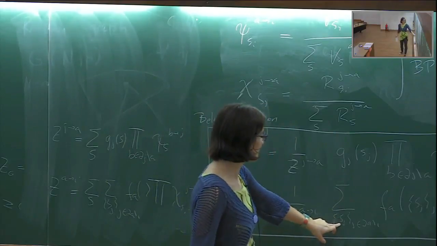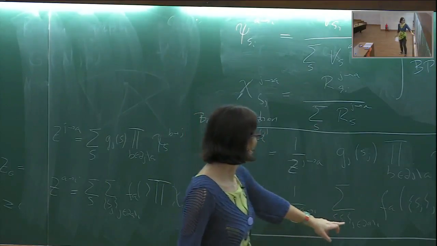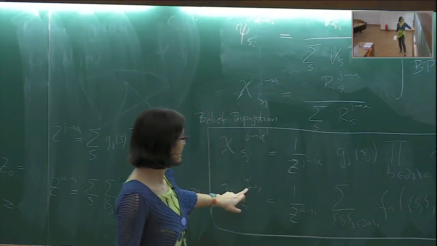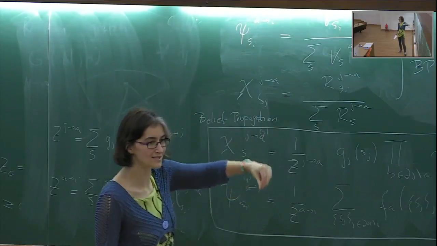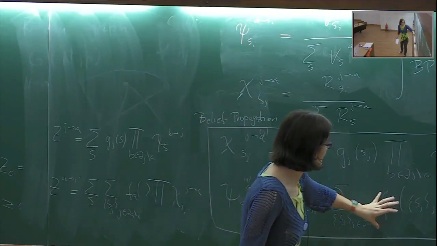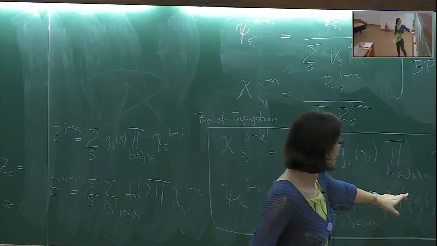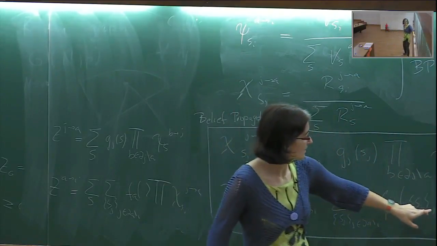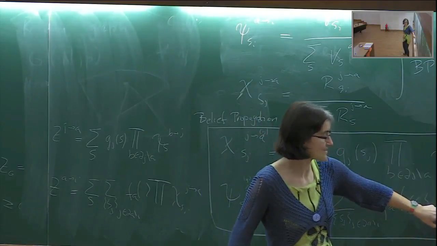And the sum is over the assignment of colors or spins or variables to all of the neighbors of A, again, excluding I. There is always this exclusion of the one to which this message is going, of this interaction factor, FA, that is, again, defined by which model we are looking at, and that depends on the spin variables that are inside this interaction A.